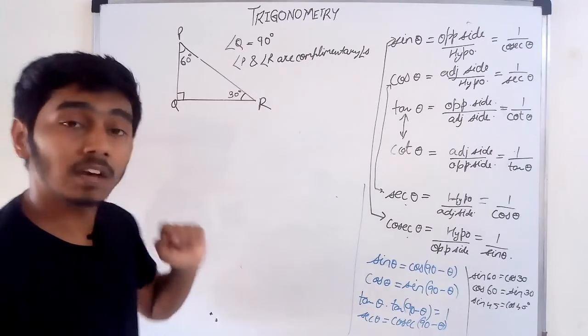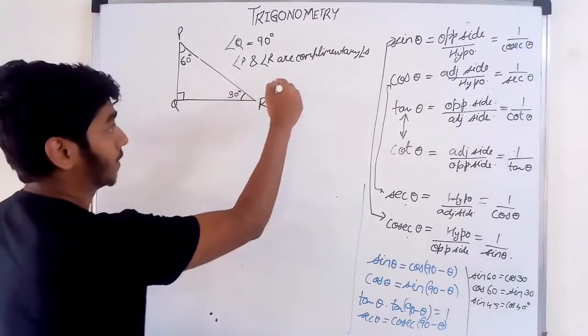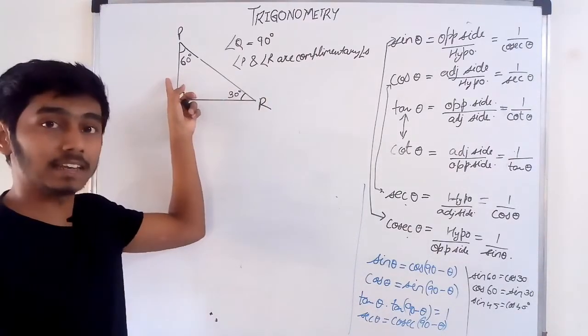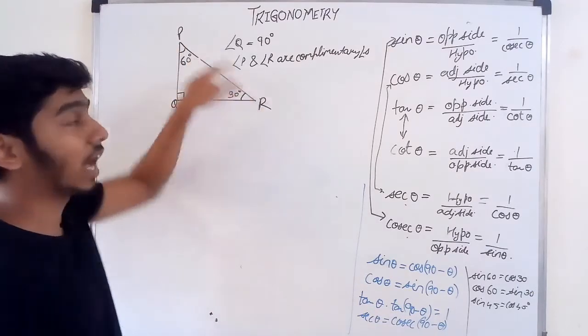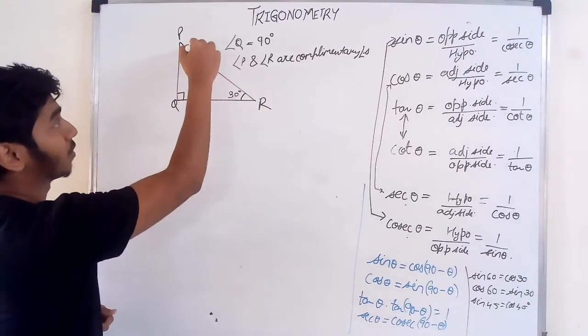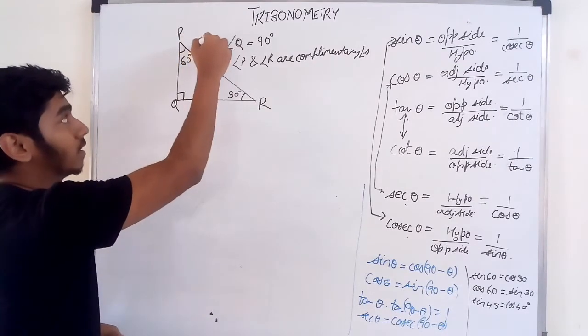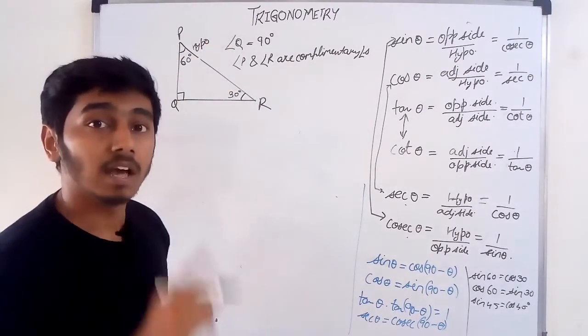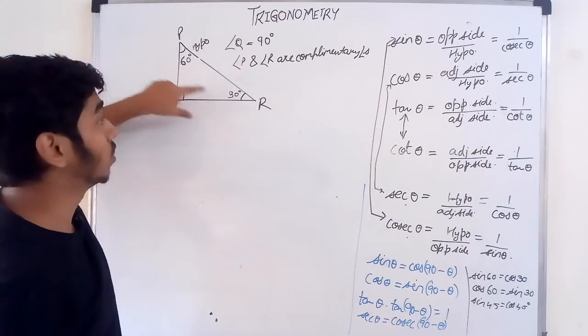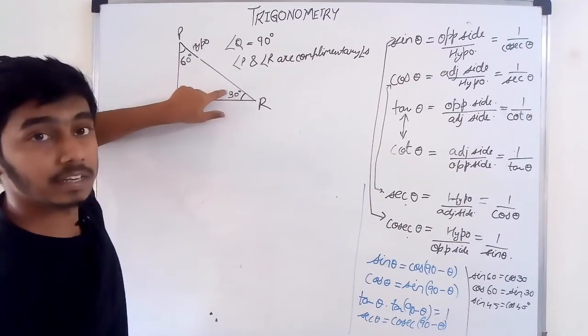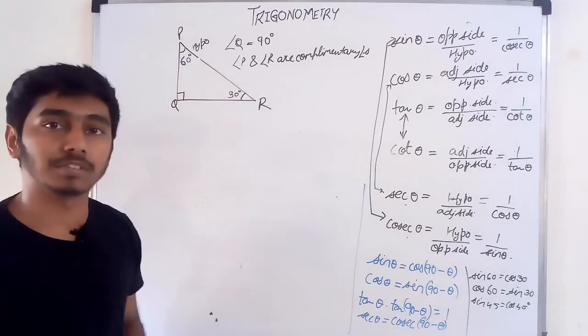Now if you remember, the side opposite to 30 degree is half of the hypotenuse. So you know PR is the hypotenuse. The side opposite to 30 degree is half the hypotenuse.